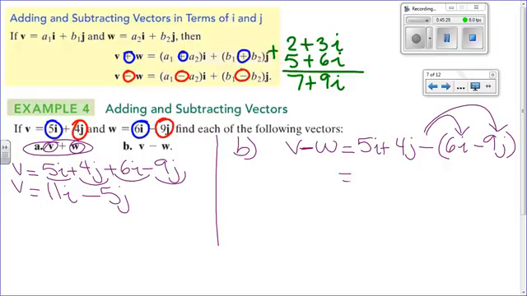So in this case, we will have 5i plus 4j minus 6i, and then what is negative times negative? Positive, so 9j. So now let's combine my terms. We have 5i minus 6i, so that is negative i. And here for j, we have 4j plus 9j, that will be 13j.